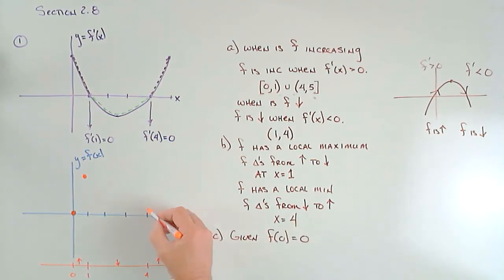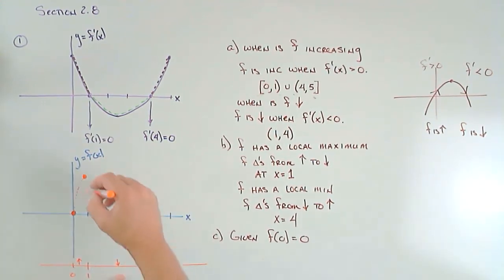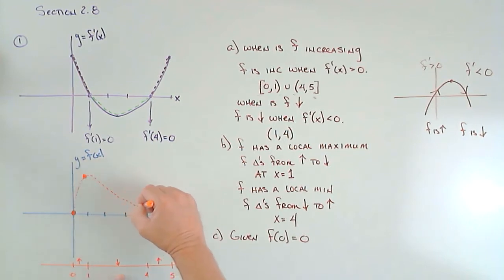Here's 4, so I'm going to put a dot. It doesn't have to be negative. I'll just put my dot right here. There's my local minimum. Now, we know our function's increasing, so our function's going up. That's our local max. Now our function is decreasing on the way down to here.